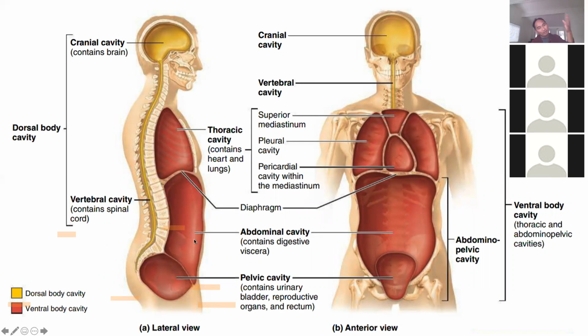This is the reminder of the body cavities, ventral body cavity and dorsal body cavity, and our abdomen is one of the ventral body cavities. Now we will split open and get into the abdomen through the peritoneum.